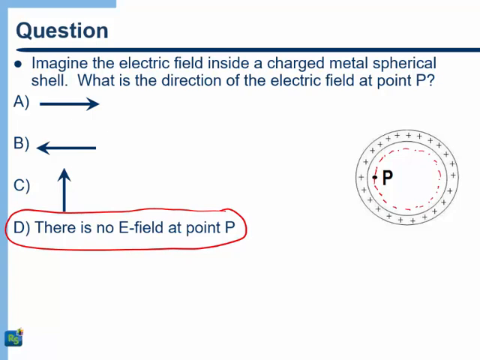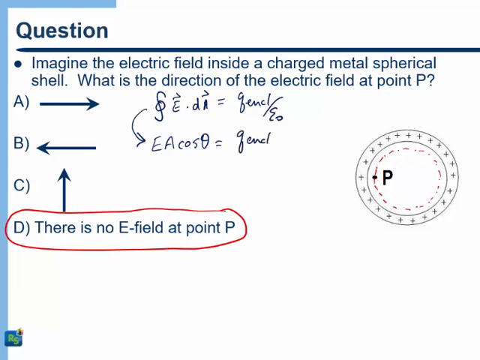So I can start with Gauss's law in its full form. The integral of E dot dA is equal to the charge enclosed divided by epsilon naught. And I can immediately simplify that to EA cosine theta, since we've found a surface that we can make the argument the electric field is constant. Now, I don't know actually what the direction of the electric field is at this point, but from symmetry it's got to be in or out.